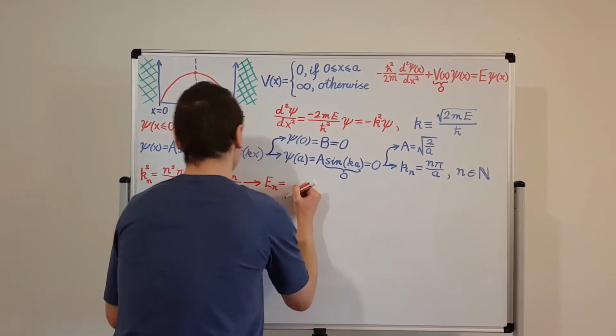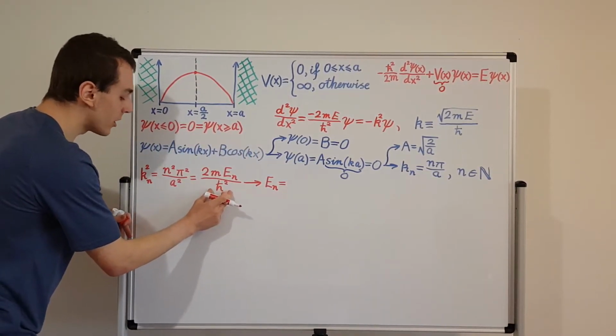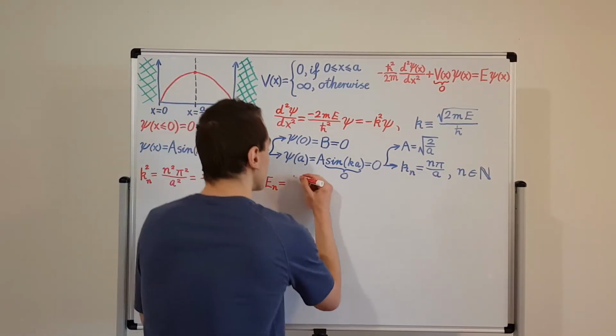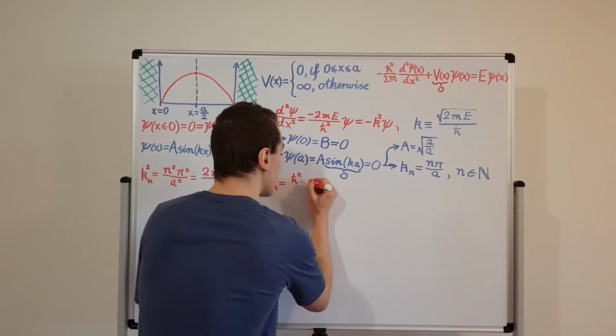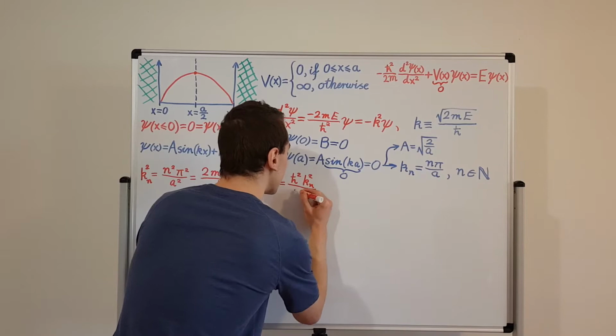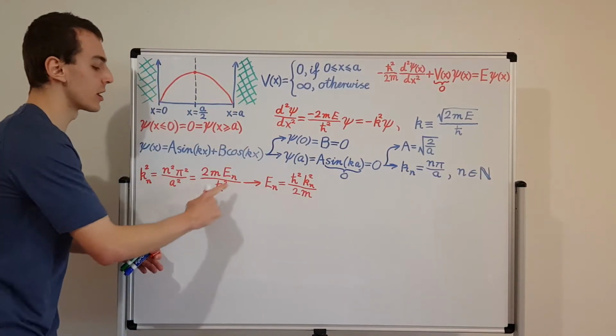That's going to be equal to, first, I'll consider this function over here. I'm going to take h bar squared times kn squared, and I'm going to divide that by 2m. So we have h bar squared, and then we have kn squared, all divided by 2m. So that's one form that we can get from this equation.